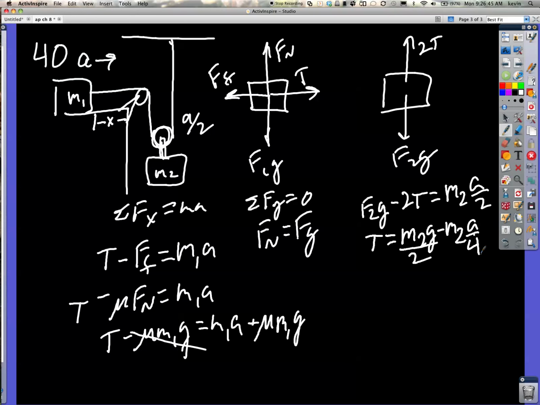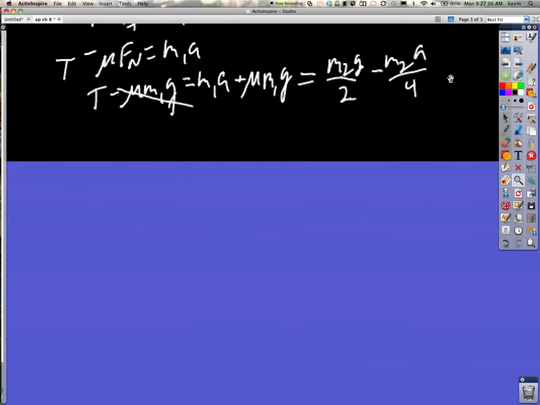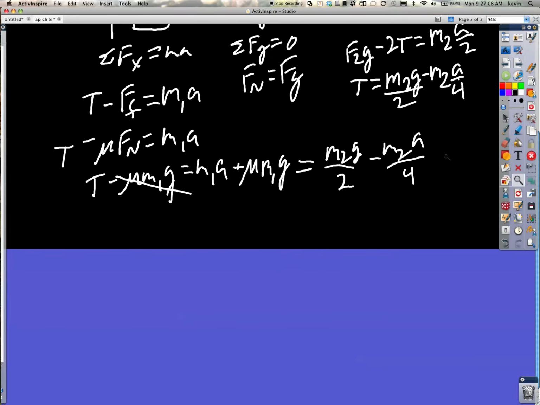I'm rushing because I'm running out of time on the limit. This is just algebra, and now I can set these two equal to each other. M1A plus mu M1g is equal to M2g over 2 minus M2A over 4. And so then I can solve this.